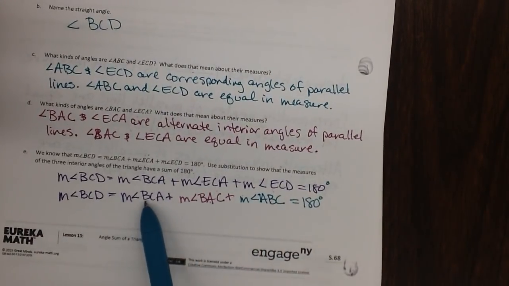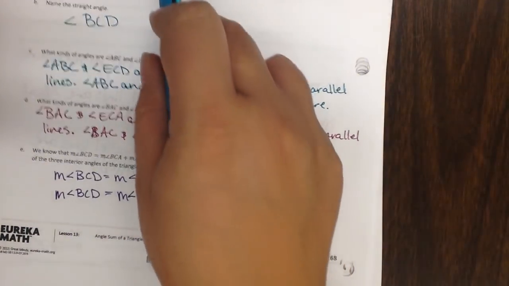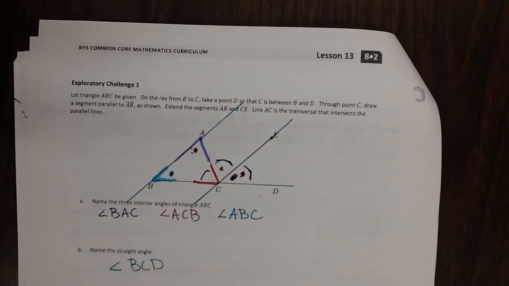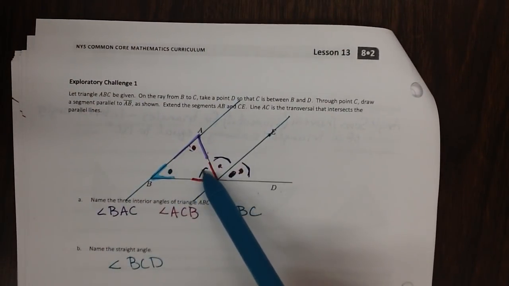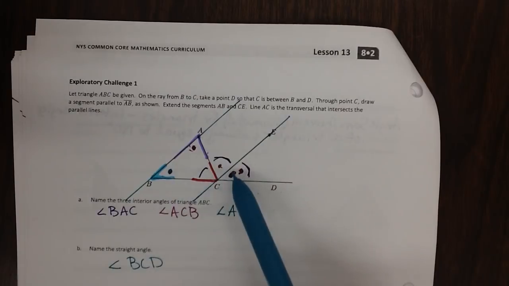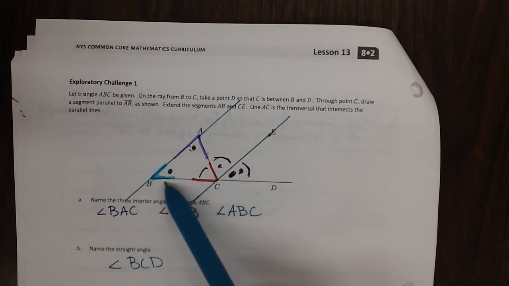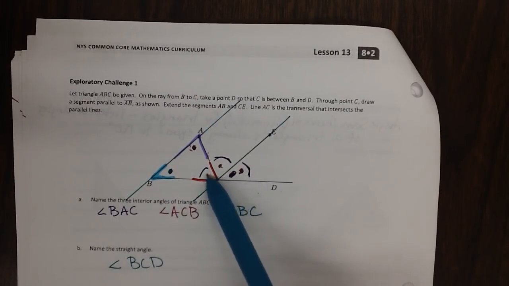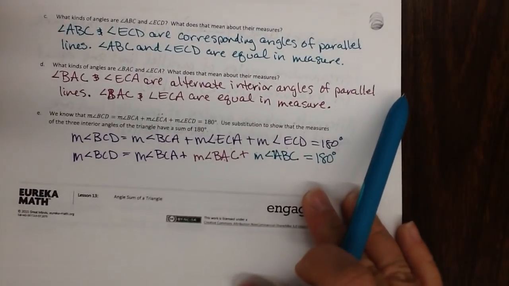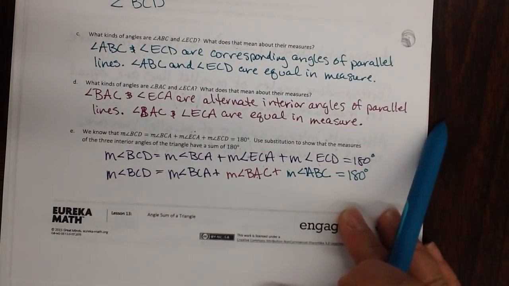So that's how we know that the three angles inside of the triangle equal 180. This one is equal to this one, and this angle is equal to this angle. Because they're a straight line, we know they equal 180. So this one plus this one plus this one is 180. And that's what we just proved here.